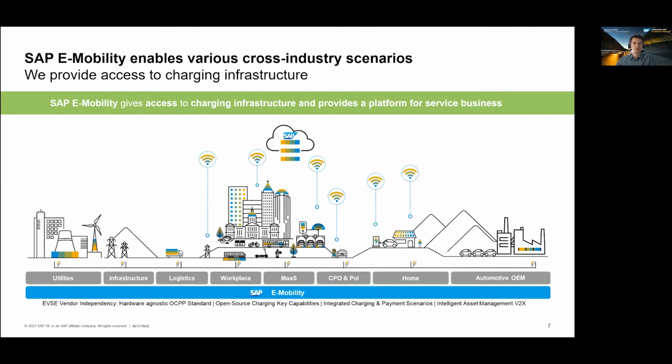This solution, therefore, provides access to the physical Chargepoint that represents the software piece for connecting all business processes around the Chargepoint. It enables business scenarios for remote Chargepoint operations, e-fleet management, 360-degree driver view, and technical Chargepoint asset management.